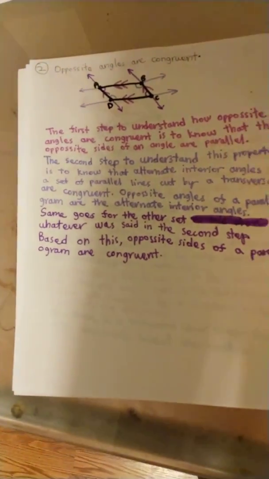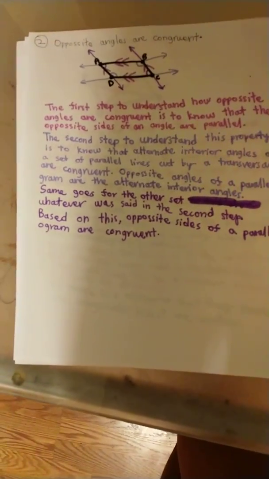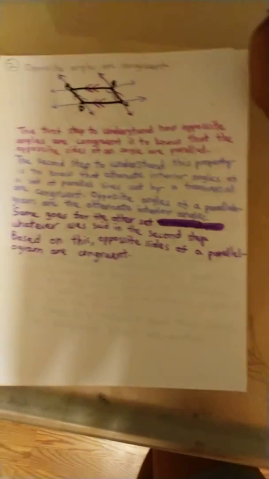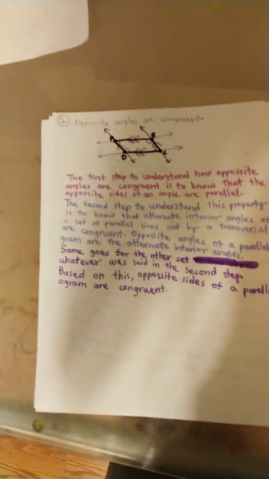It makes more sense with these purple parallel lines. You can also do corresponding angles, but I just decided to do alternate interiors. The same goes for the other set, whatever was said in the second step. Based on this, opposite angles of a parallelogram are congruent.